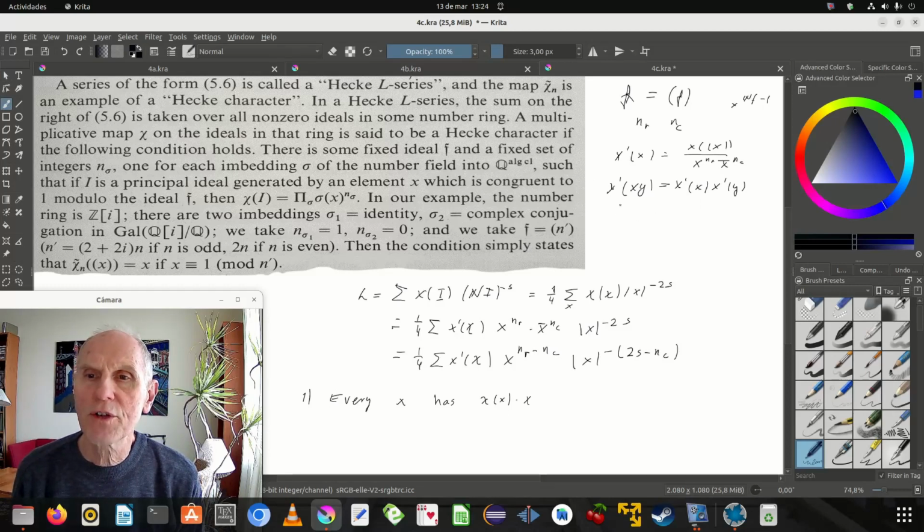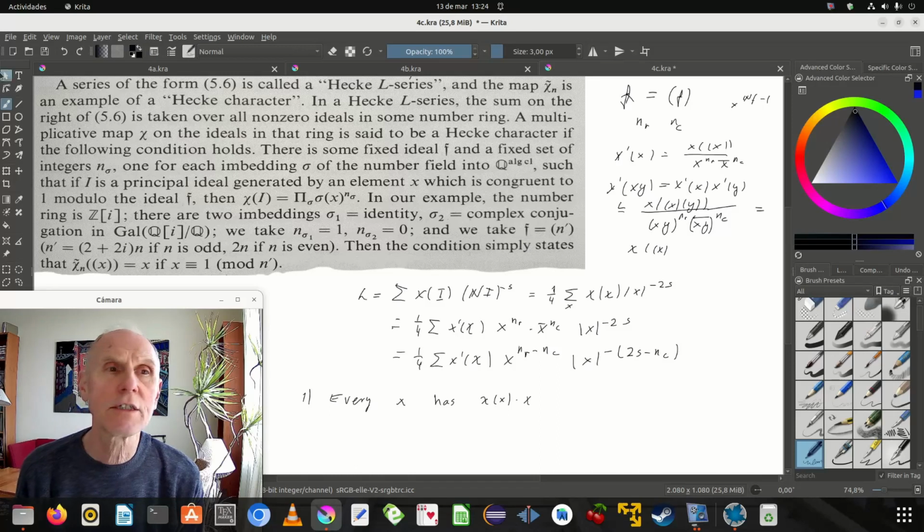And per definition, it's chi of the ideal of x times y, divided by xy to nr, xy bar to nc, and since it's a character on ideals, it's multiplicative on ideals.